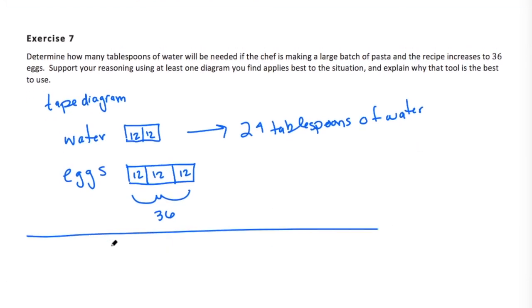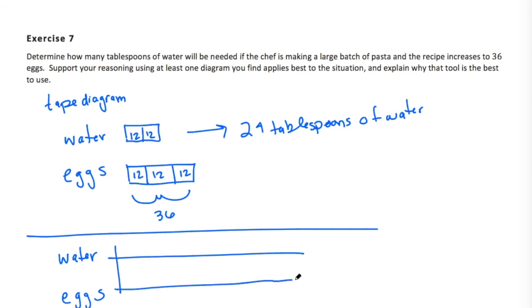All right, so let's look at another representation. Let's look at the double number line. So here, again, we're going to have water, and we're going to have eggs. All right, so 0 water is 0 eggs for both of them.